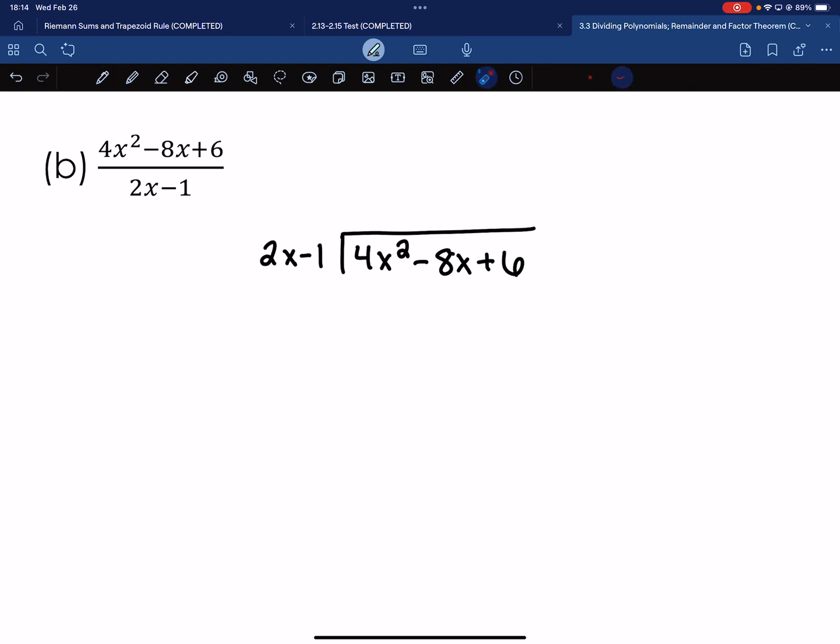So we ask ourselves, what do we need to multiply 2x by to get 4x squared? And that would be a 2x. So again, off to the side, we're going to multiply it out to show our distributing. So 2x times 2x is 4x squared. 2x times negative 1 is negative 2x.